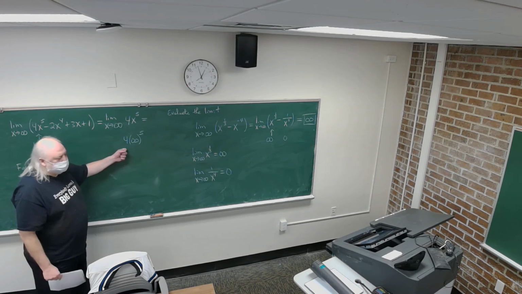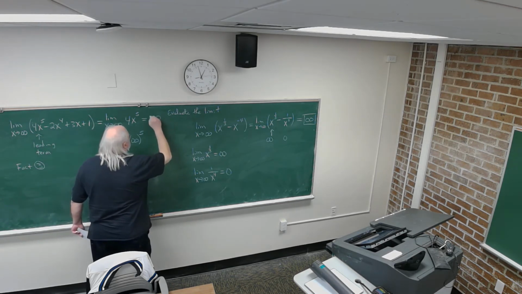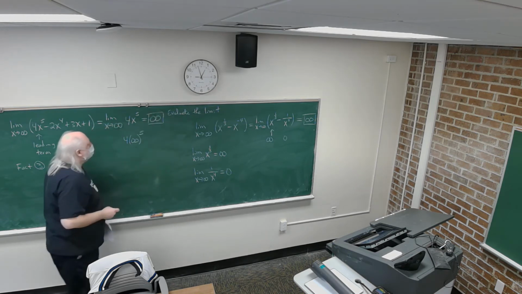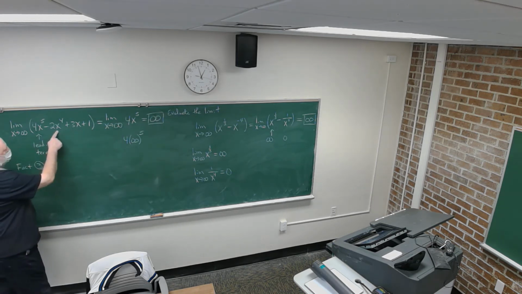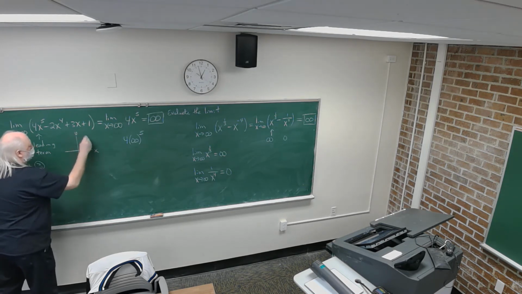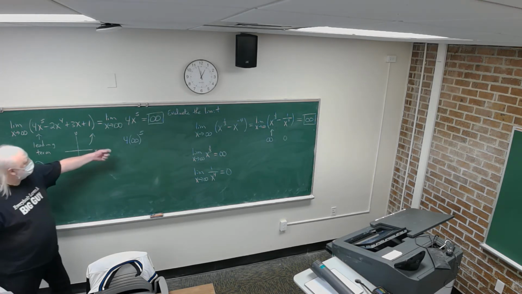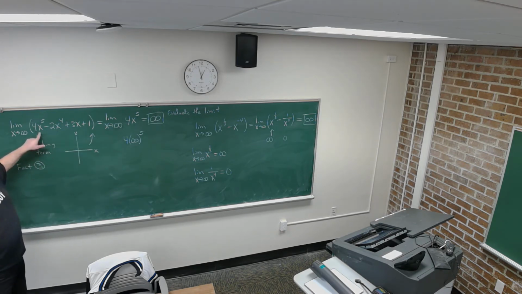Plus times plus is plus, so this increases without bound. So on the graph of this polynomial, the right end goes up. In pre-calculus, you determine that the right end goes up just by looking at the leading term. But here we're using limits to show that it goes up.